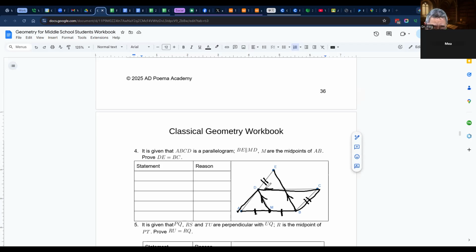Okay, so how do we do that? So first of all, we are given that this is the middle point, and this side is parallel to this side.